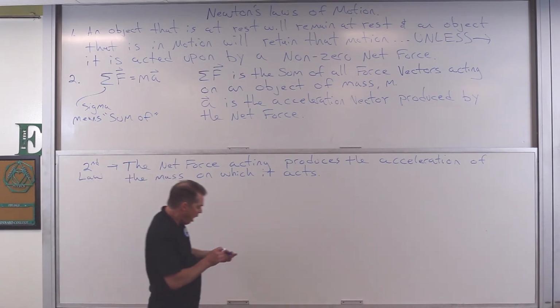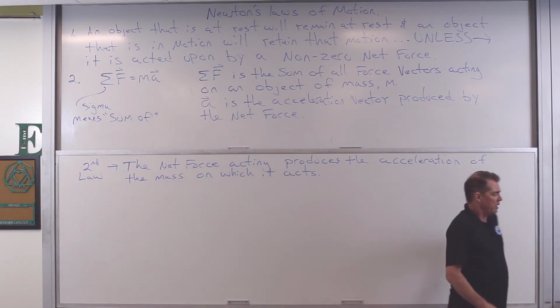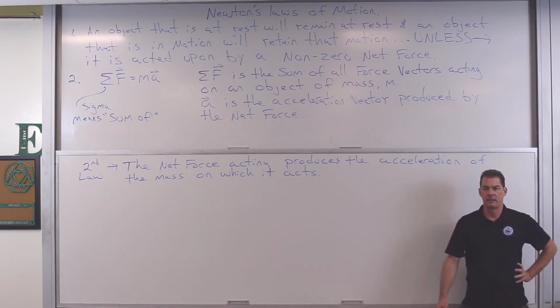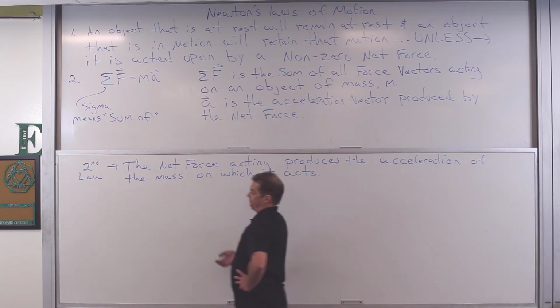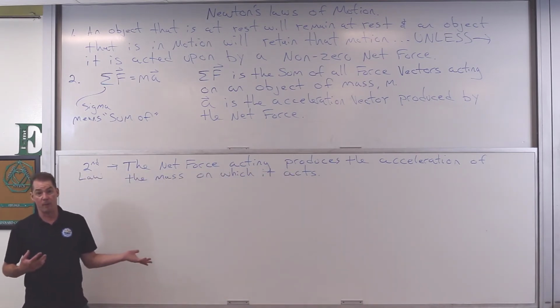So we think about this. Is it harder to set an object into motion that has a large mass or a small mass? The obvious answer is, it's easier to change the state of an object that has a relatively small mass.